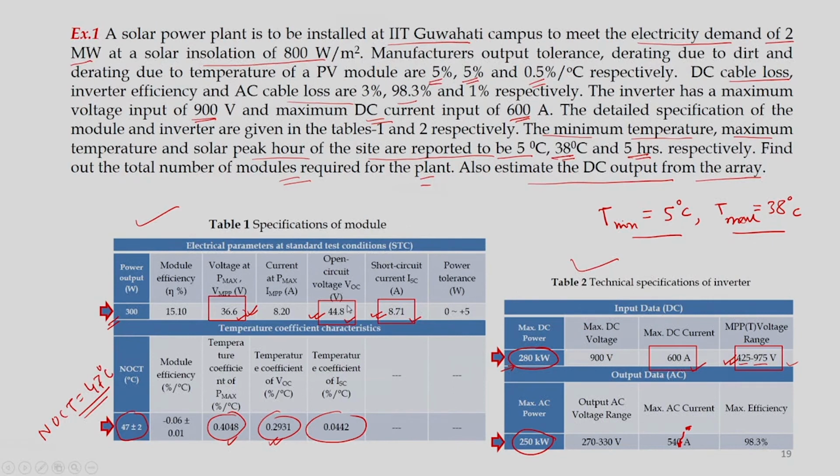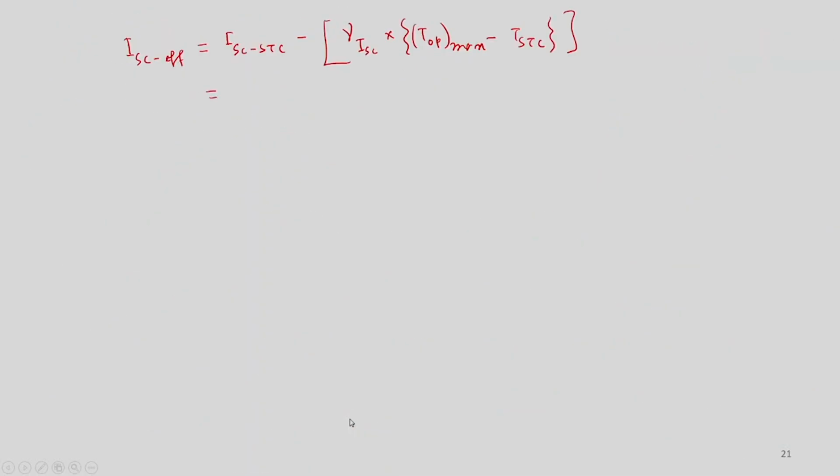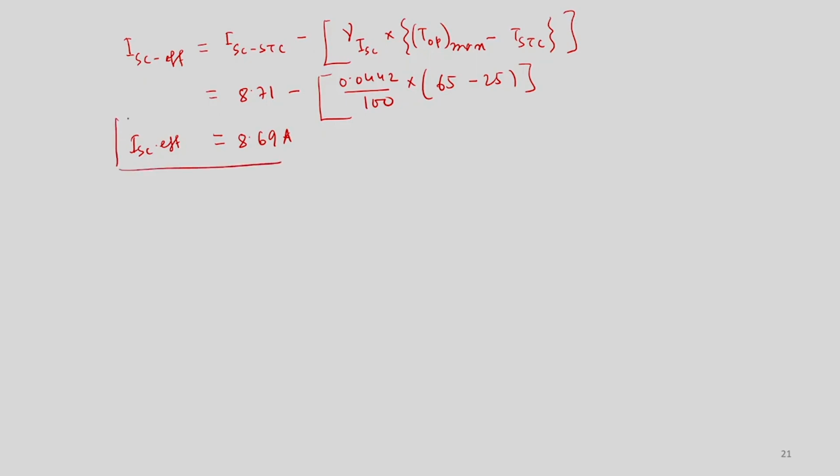And the temperature coefficient is 0.0442% per degree C. So this is 8.71 from the specification table, and the same from the specification table, and we have 100, and then 65 minus 25, and this is found to be 8.69 ampere. So ISC effective is something like this.